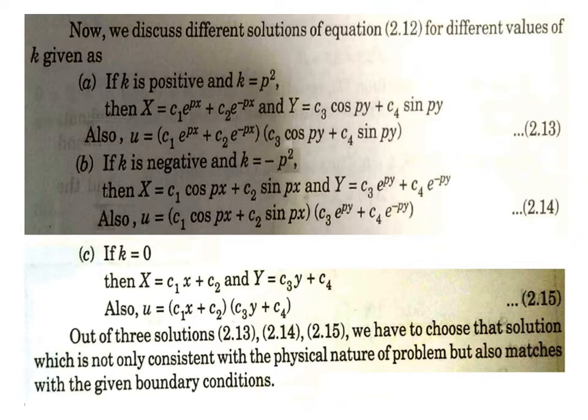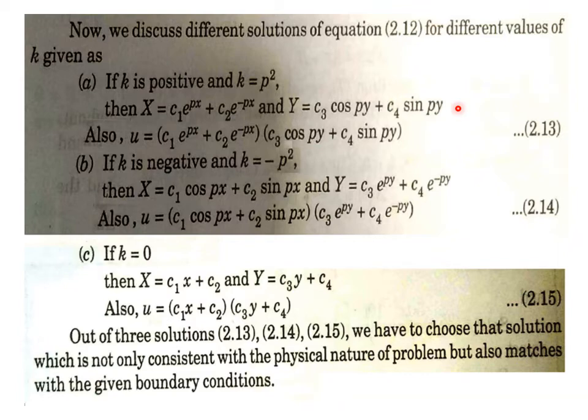As we have done in two previous cases, in case of the wave and heat equations, we take three different choices for k. First choice: k is positive, that is k is taken as p square, and for that choice of k, the two differential equations of 2.12 are solved as X equals c1 e power px plus c2 e power minus px, and Y equals c3 cos py plus c4 sin py.